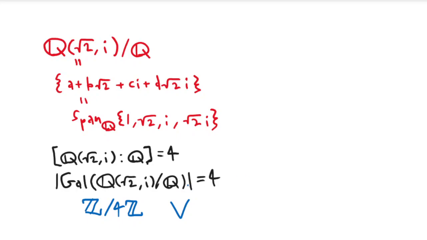You generally want to know what the degree of a field extension is, and then once you know that, it tells you the size of the Galois group. And you can use other theorems and properties to narrow down which of the groups it could possibly be. So yeah, this is a slightly more advanced example, and I will continue it in the next video.